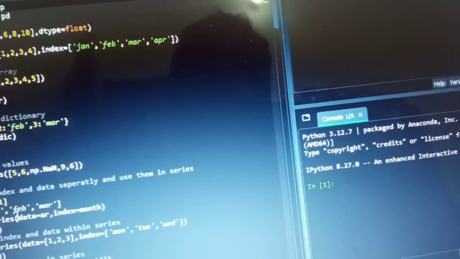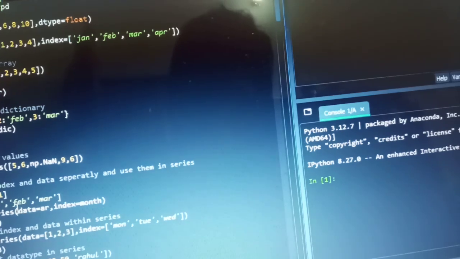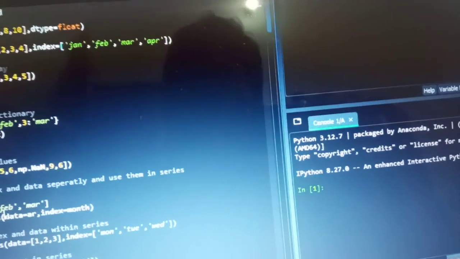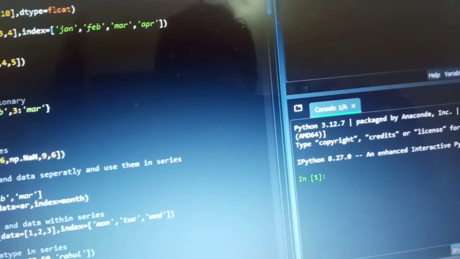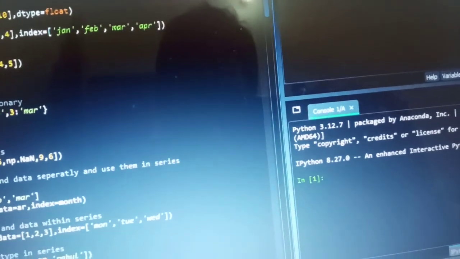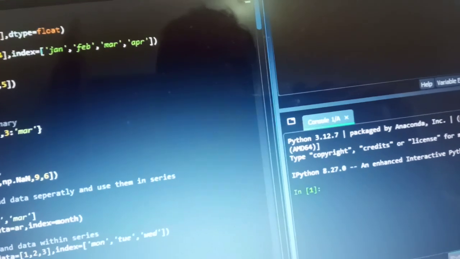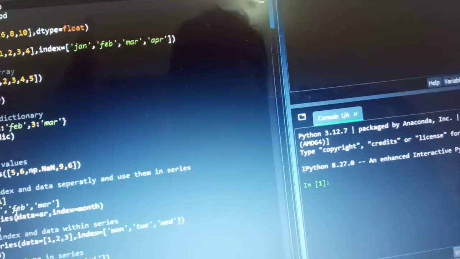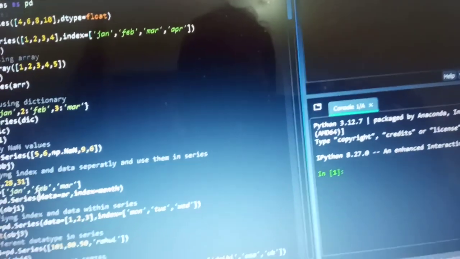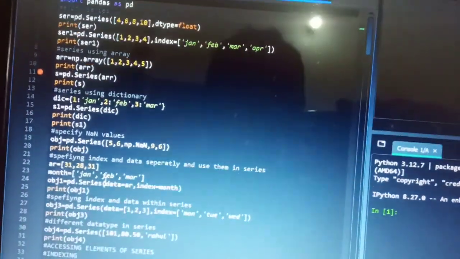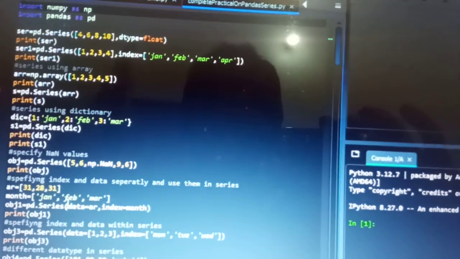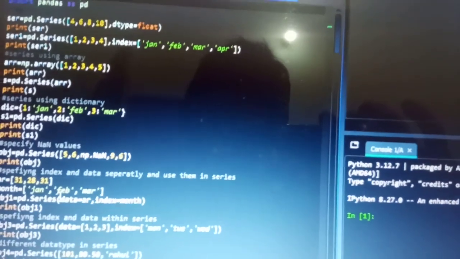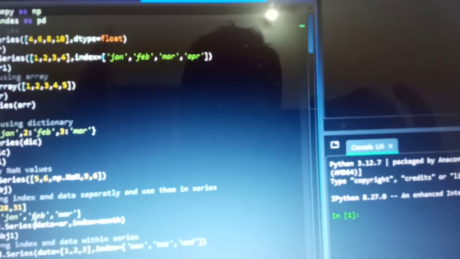Then the next arithmetic operator is the exponent operator. That is the double asterisk sign, and it raises the base to the power of the exponent, or it multiplies the base as many times as given in the exponent. One more thing, plus sign is used for the addition in the arithmetic operators, but it is also used in one more place, that is to concatenate two strings.